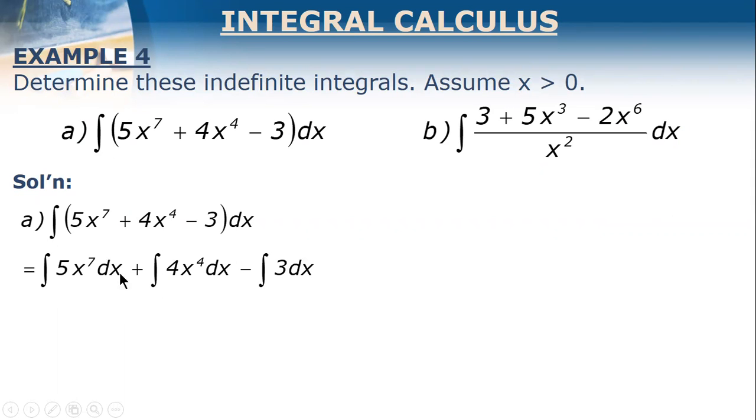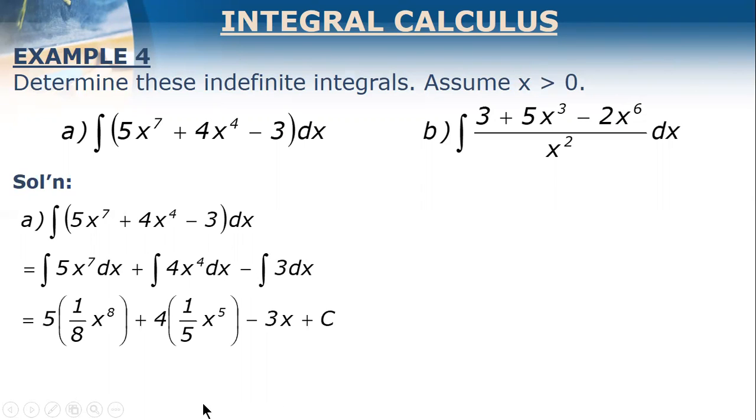Okay. Separate them individually, and then apply the properties of integration and the different rules. So, take out 5, and then integral of x raised to 7 using the power rule, and then take out 4, and also negative 3, and you get the result.